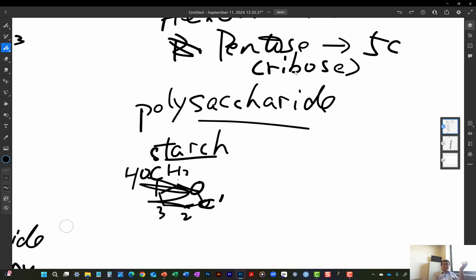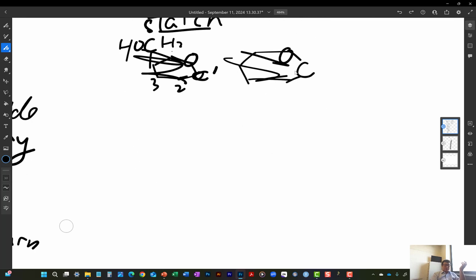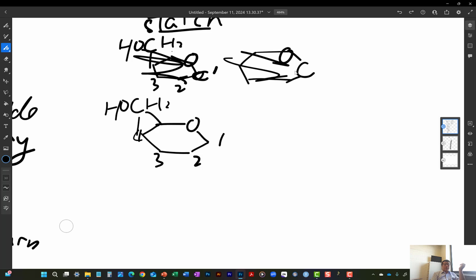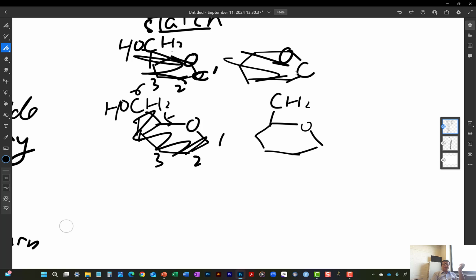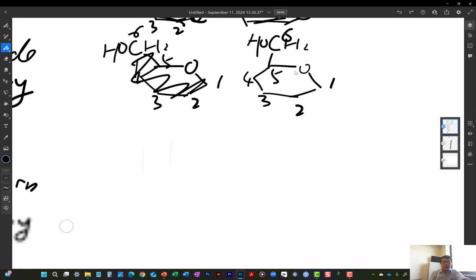Let me draw again. 1, 2, 3, 4, 5, 6. So glucose has 6 carbons.